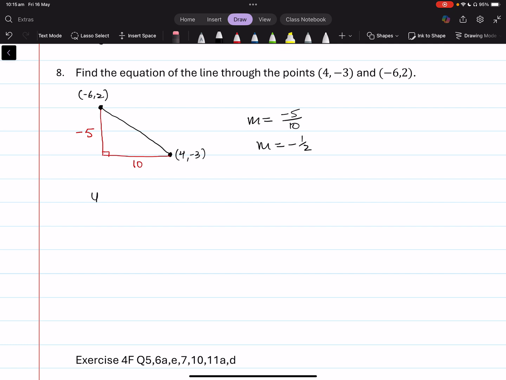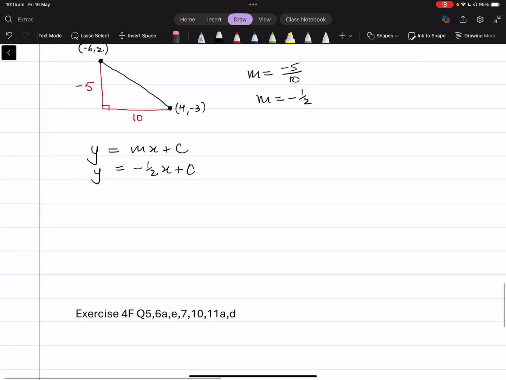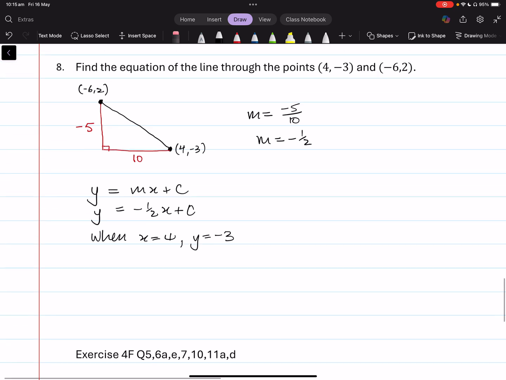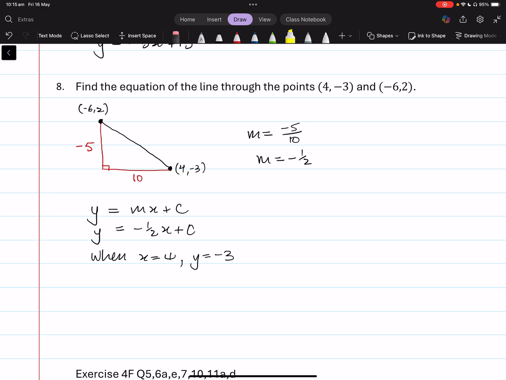So I now know the equation of this line is y equals mx plus c. And so I might just write mx plus c, and that's going to be equal to -1/2 x plus c. I don't know the c value, do I? That's unknown. So what we do know, though, is that when x is equal to 4, the y value is -3. Okay, I'll just highlight the point back here.